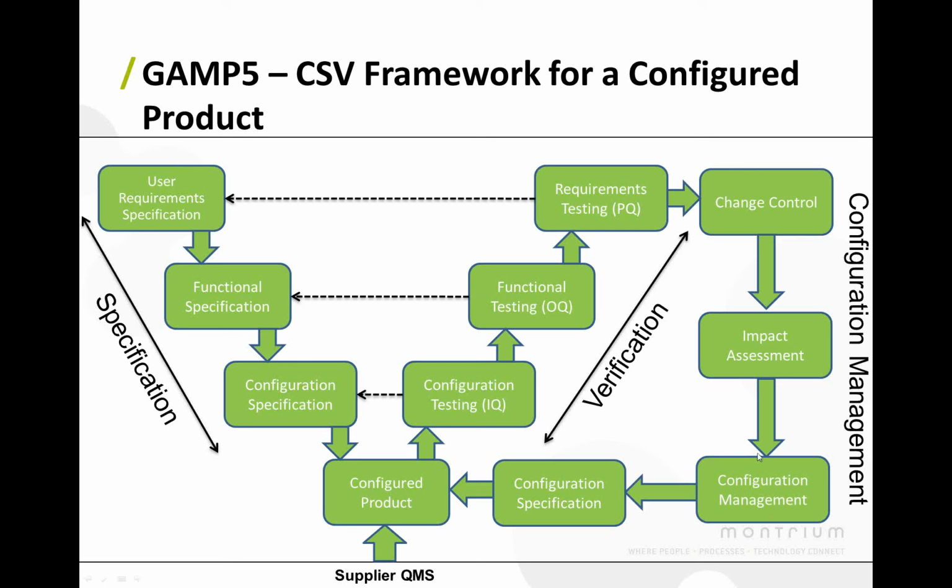We'll then go into a configuration management cycle where we'll update the configuration specification, and then we'll go and reconfigure our products using our change control mechanism. Once we've reconfigured, we then go through the same process of testing the actual changes that we've made to make sure that they've been implemented properly, and then we put the system back into production. And this is an ongoing cycle.